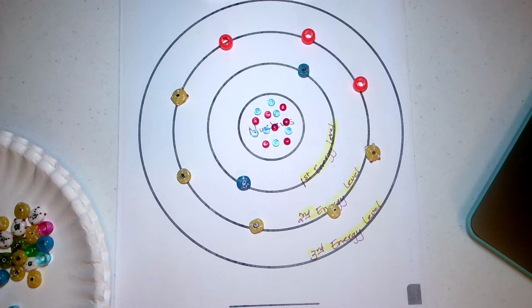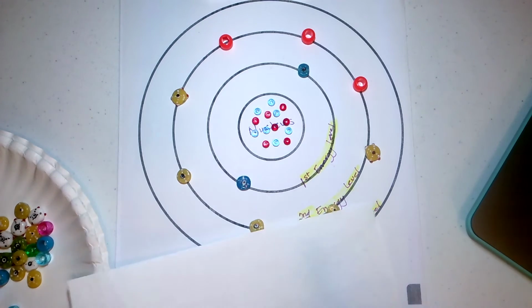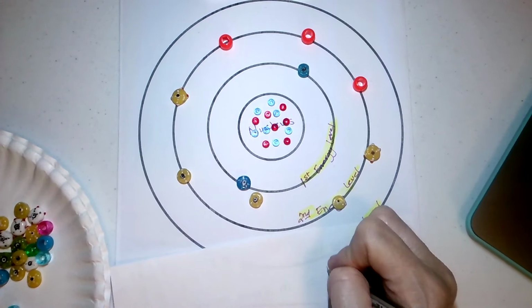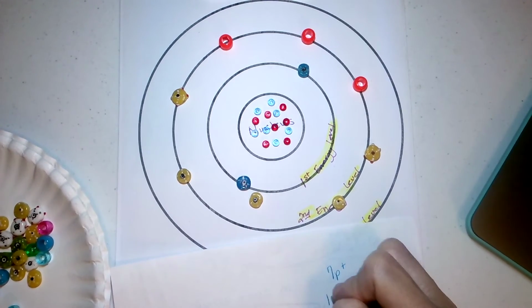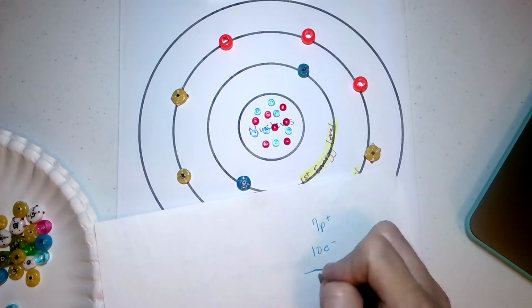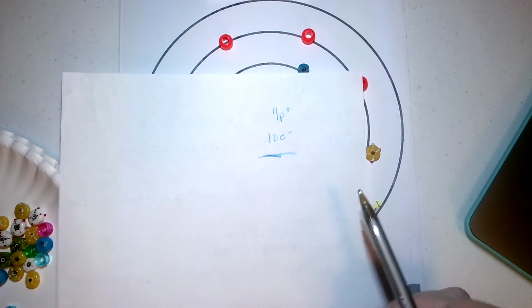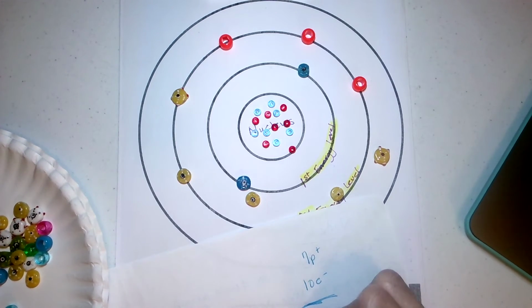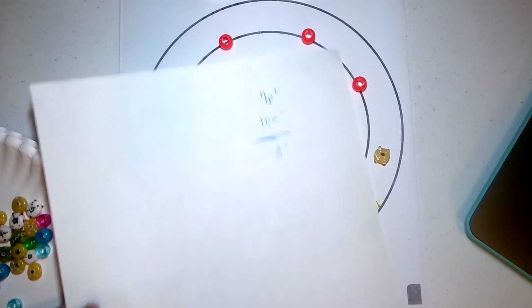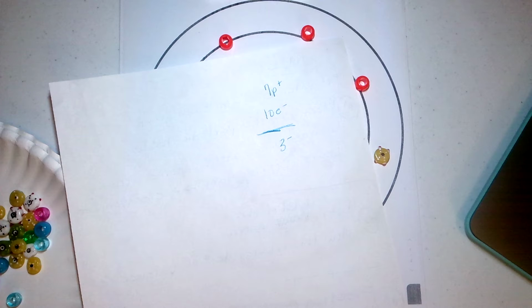So if I have 7 positive and 10 negative, I end up with a 3 negative charge, right? 7 minus 10 is 3 negative, or negative 3.